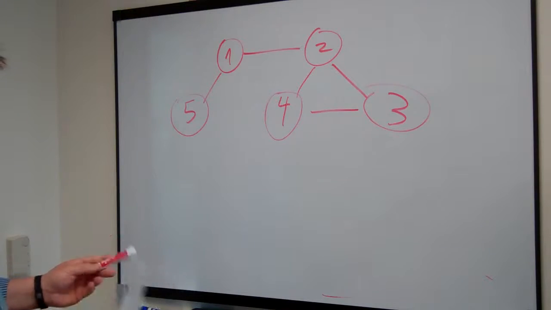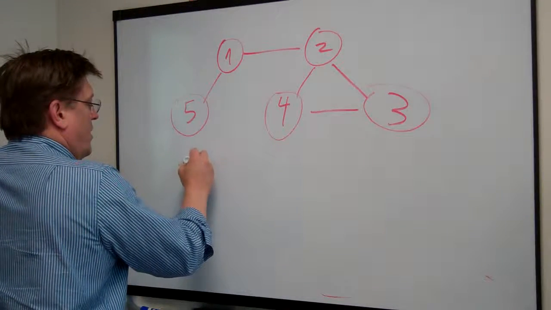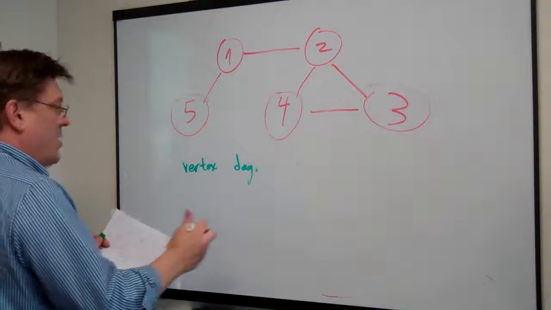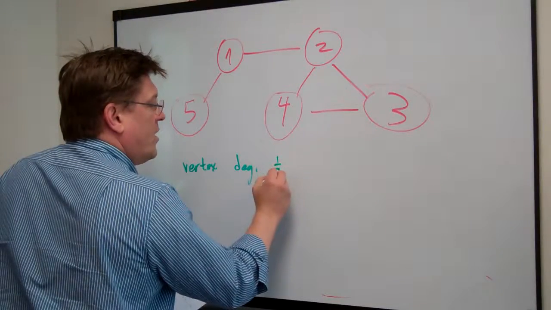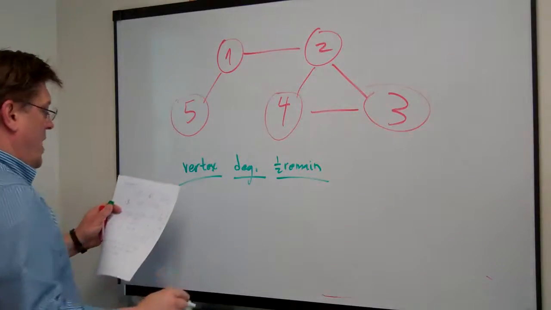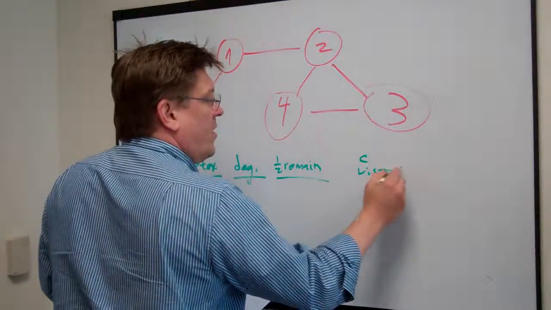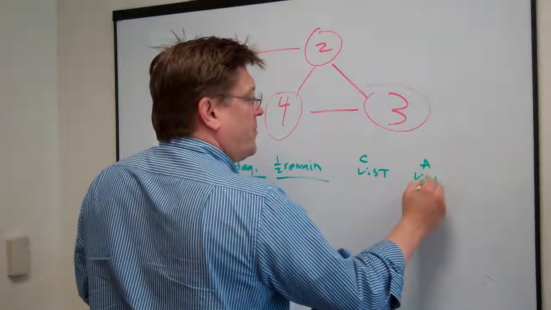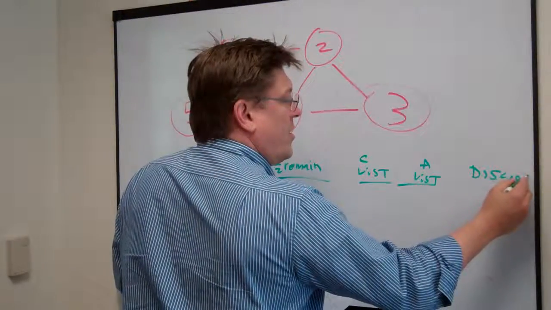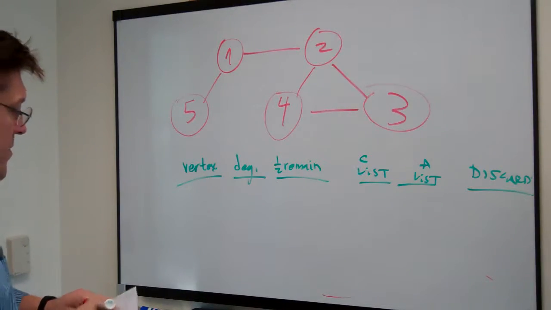And we will keep track of the vertex, the degree, the amount remaining, and whether it's in the click list or the anti-click list, and then the discards. So let's take a look at what happens.